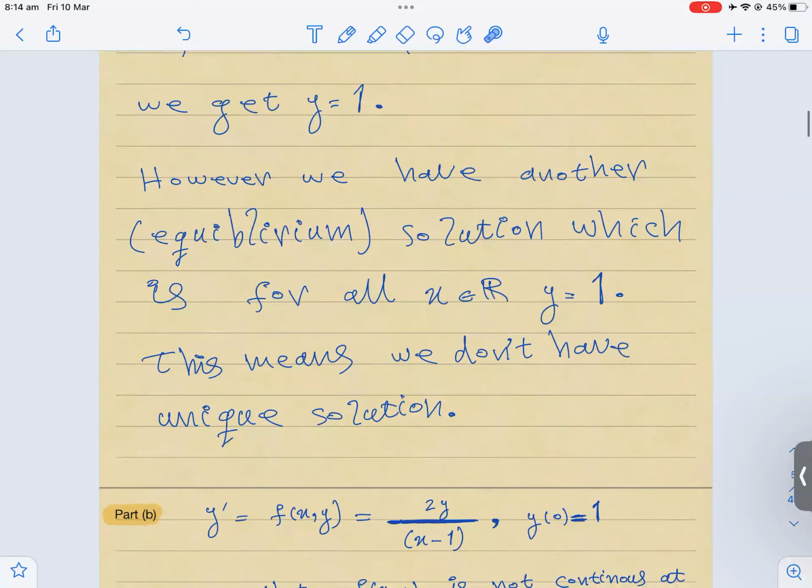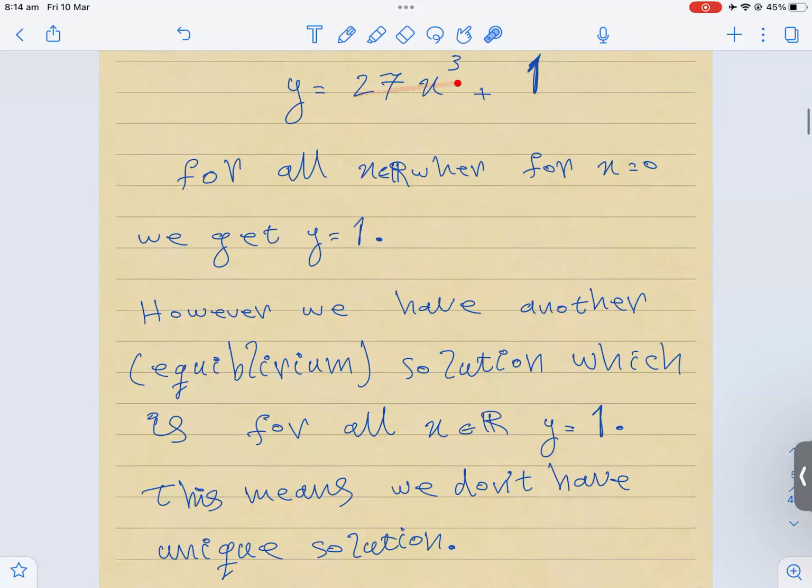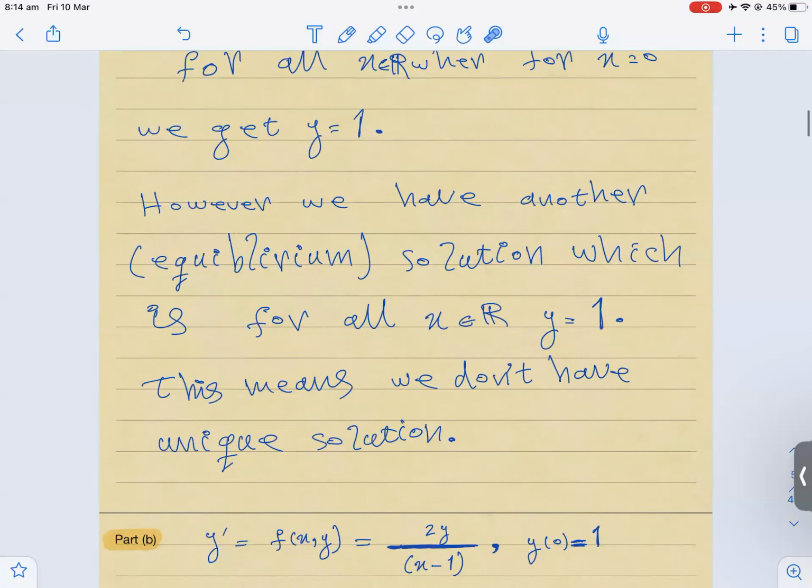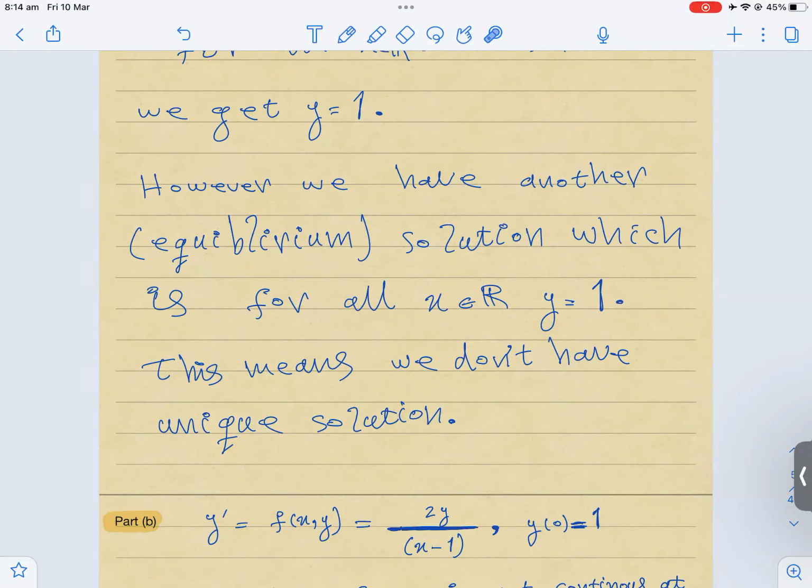So we've got y equal 1 for every x, where x belongs to every real number, and we've got this other solution. So this is totally different, although this one also satisfies the initial condition, x belongs to R, especially x equals 0, y equal 1. So this means we don't have a unique solution. Do you have a question about this?